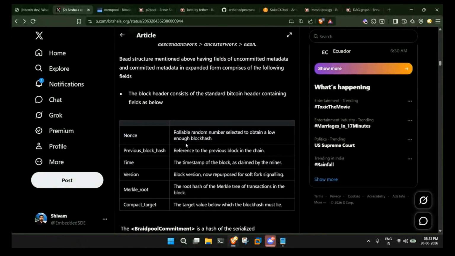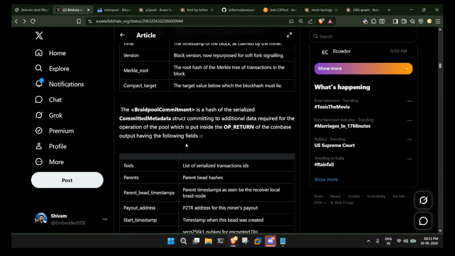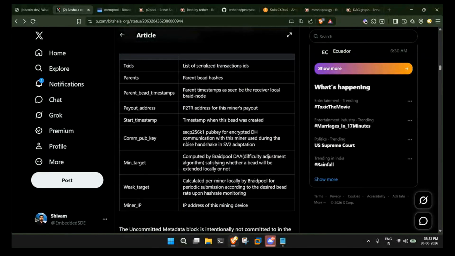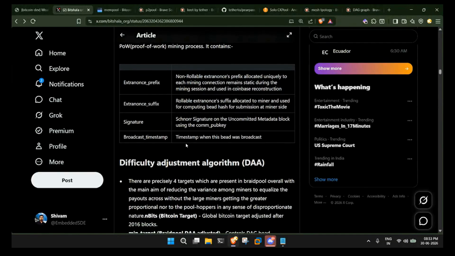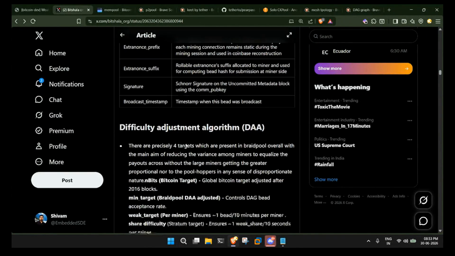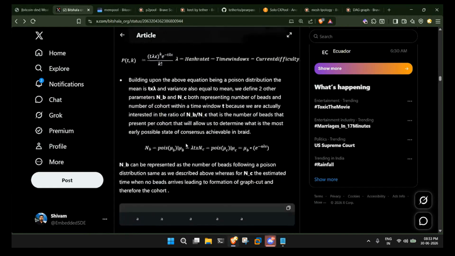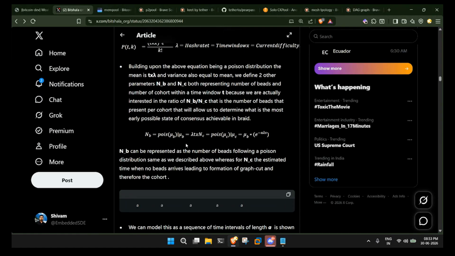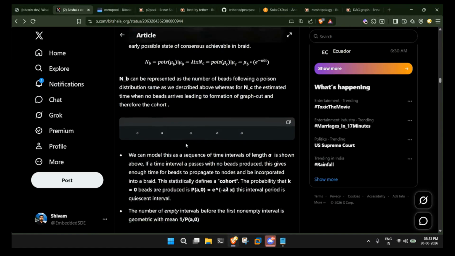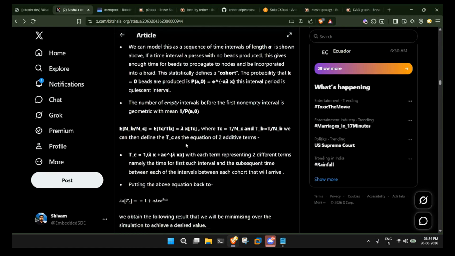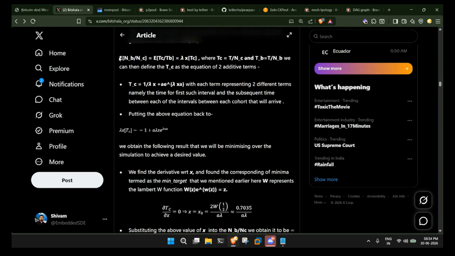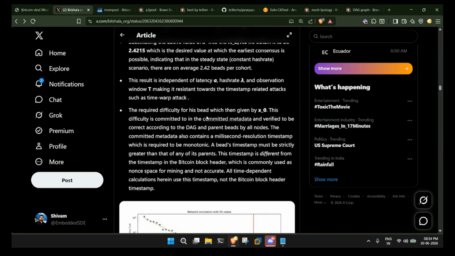You will find more technical details on how Braidpool calculates all those things. But I am just trying to make it simple so everyone will be able to understand it a little better and understand that this is not a new thing. Earlier also people have tried it and people are doing it. All those calculations they do internally, and based on that they calculate.